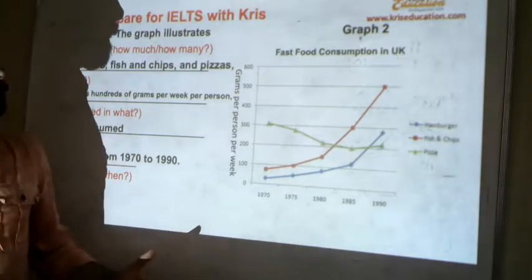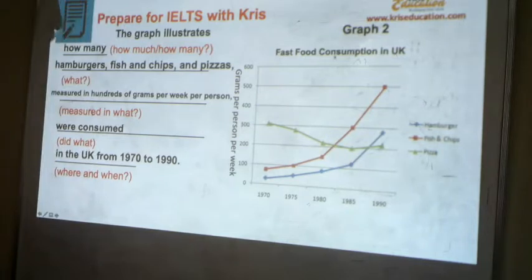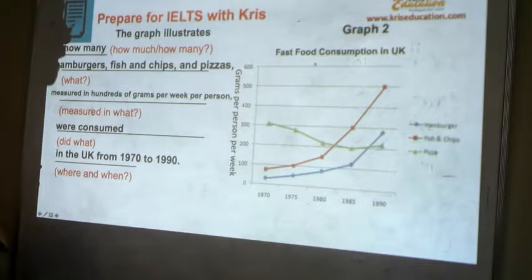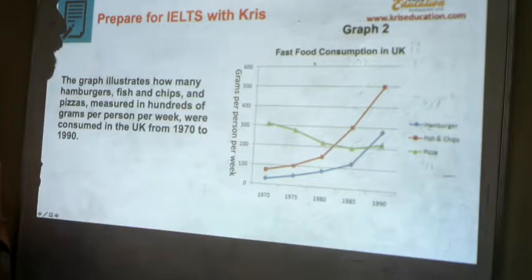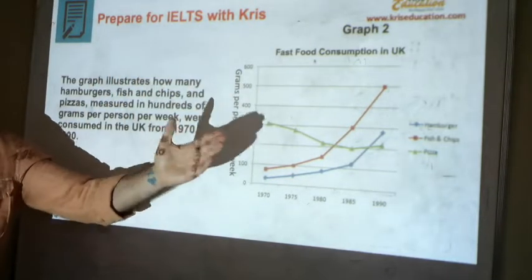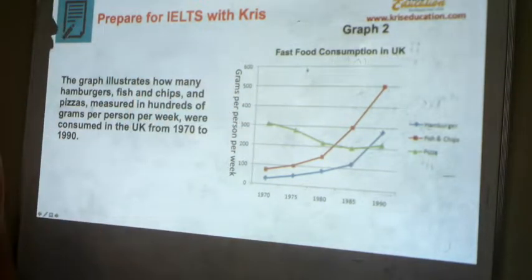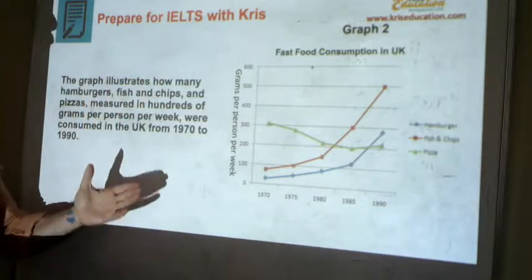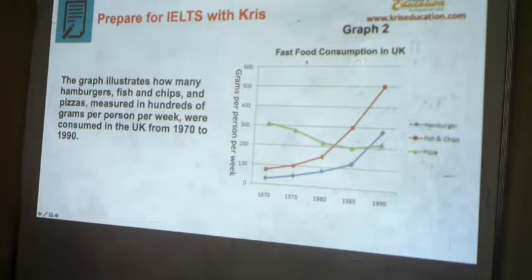So as you see, again, it's a straightforward formula which you can memorize and use with every graph, tables, and other visual representation that IELTS gives you. This is how the whole first sentence reads.